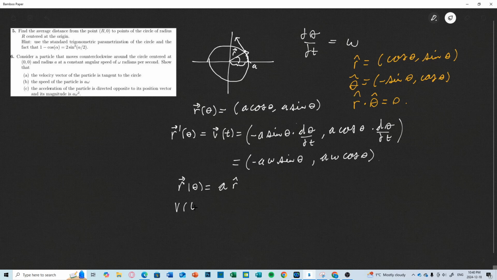And then our velocity vector just becomes a multiplied by omega of our theta unit vector, which means that they are tangent, which means that our velocity is tangent to the circle.